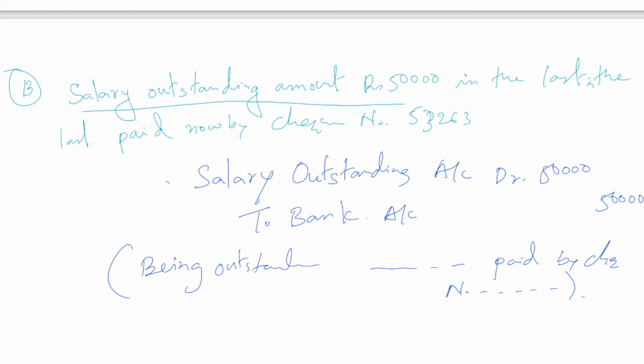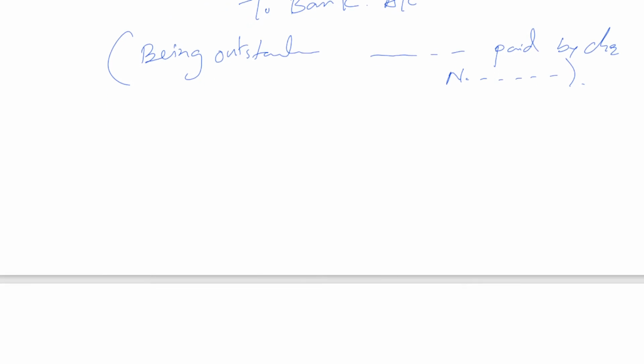So we have paid salary, we have purchased, we have sold goods. Now what will be the journal entry?